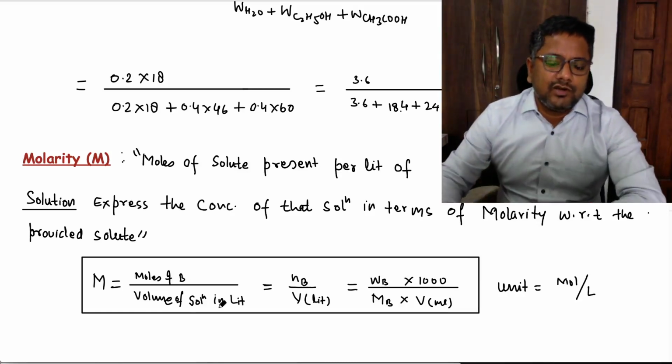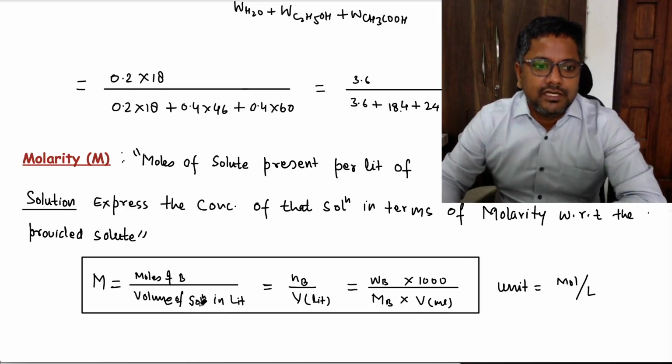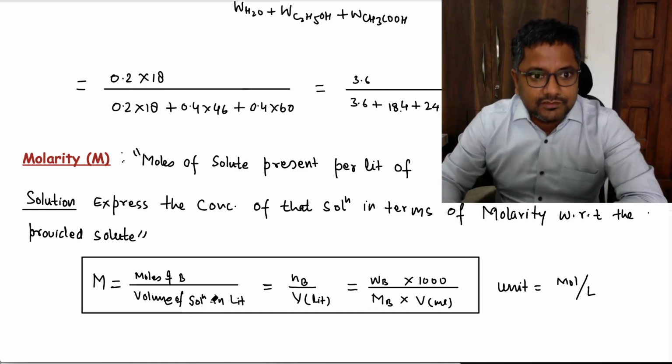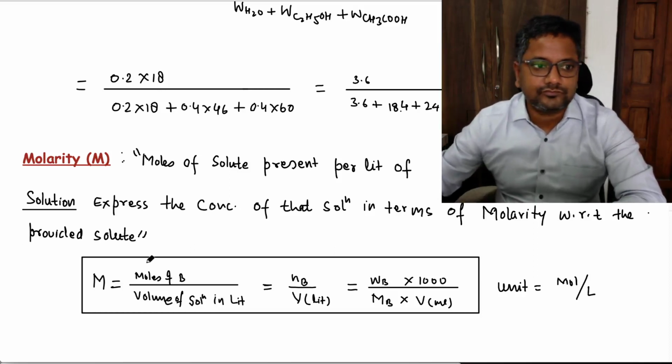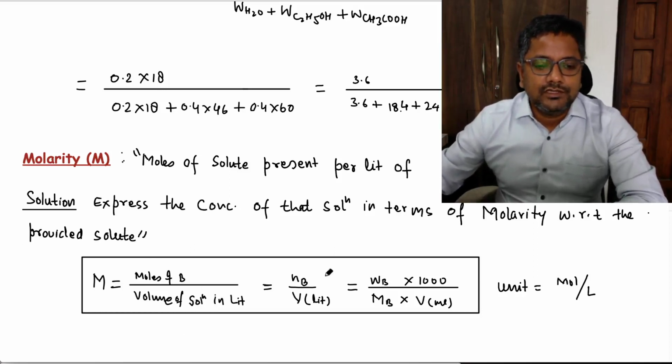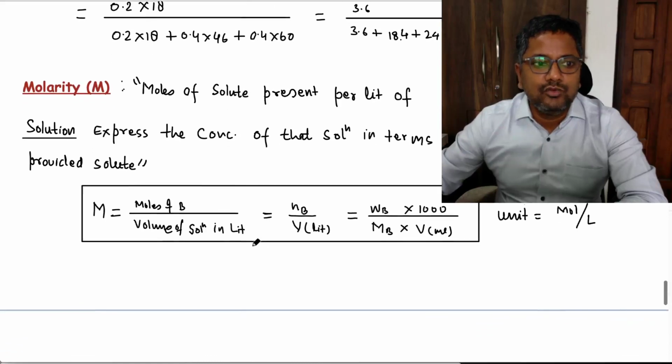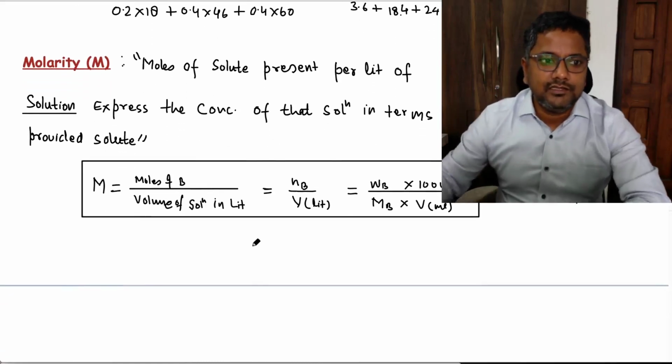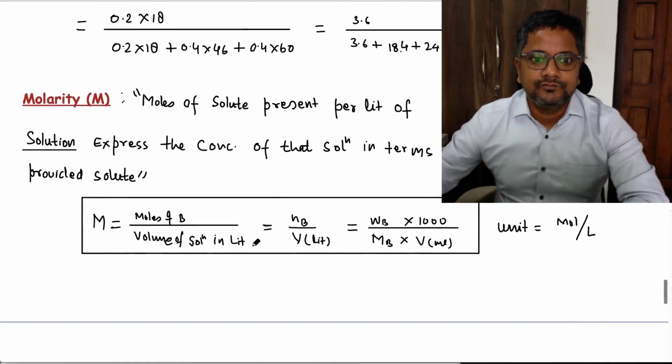That's why the word solution is coming. This is not the volume of solvent. This is the volume of solution, right? So in this way you can calculate the molarity of any solution, right?